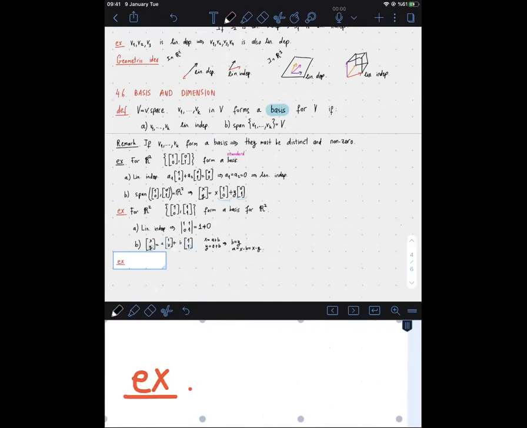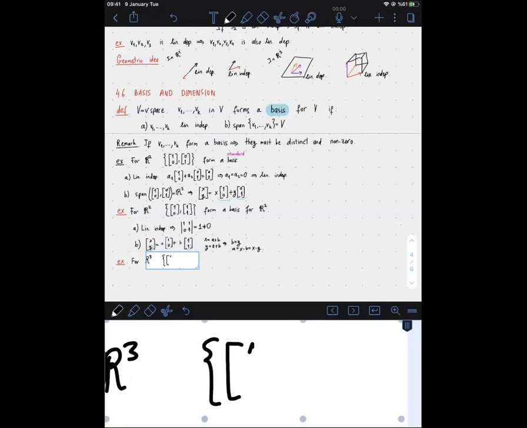For R3, we can talk about the standard basis, which is the vectors 1, 0, 0; 0, 1, 0; and 0, 0, 1.